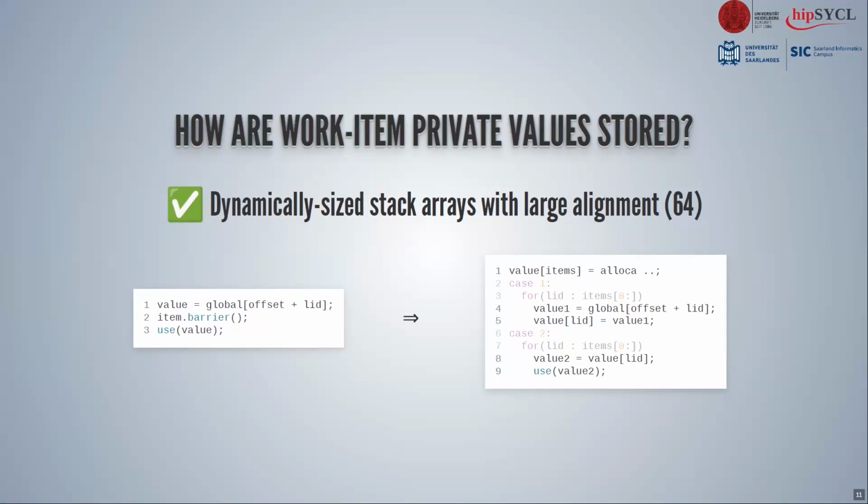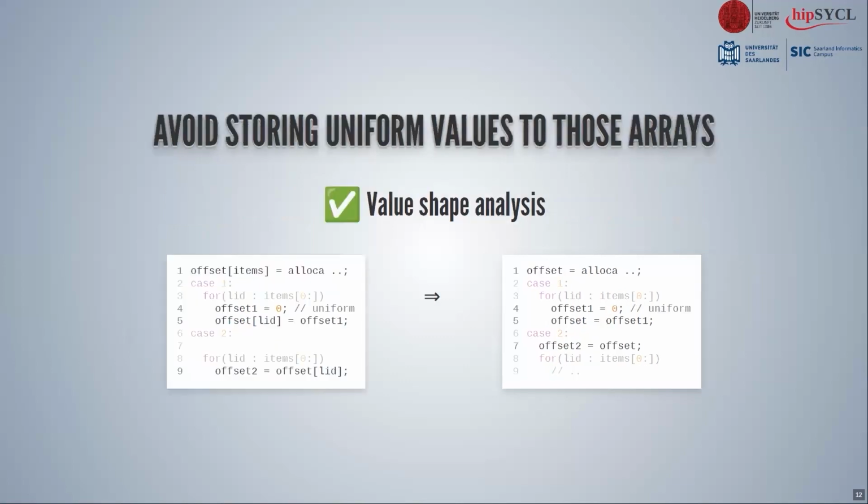And now the problem with this is if we have uniform values. This offset 1 here is a uniform value because it's always set to 0 for all work items. We would just store many zeros to this offset array. So that is kind of useless. So how can we optimize this? Well, we can use a value shape analysis or uniformity analysis, and by that basically identify, oh, this is a uniform value.